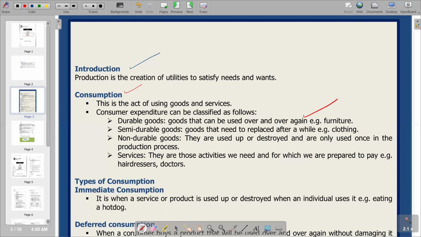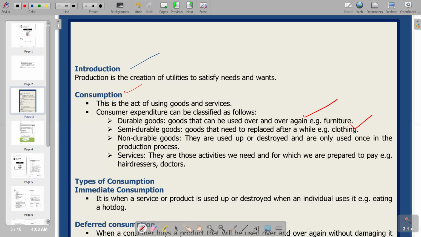Semi-durable goods are goods which can be used for a limited period of time. We can give an example of clothes as semi-durable goods. According to our information here, we are saying goods that need to be replaced after a while, e.g., clothing. So that's the description of semi-durable goods.